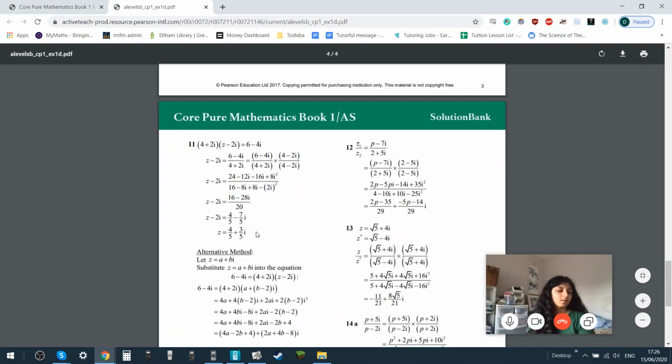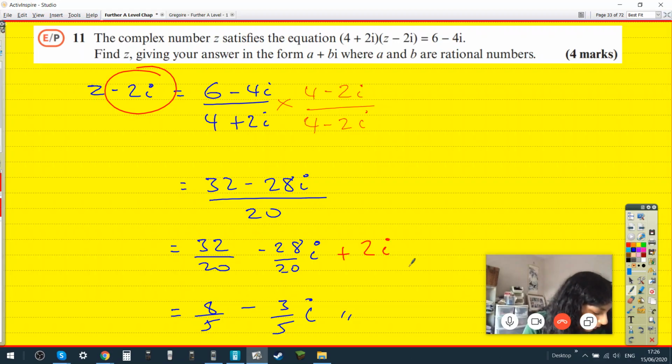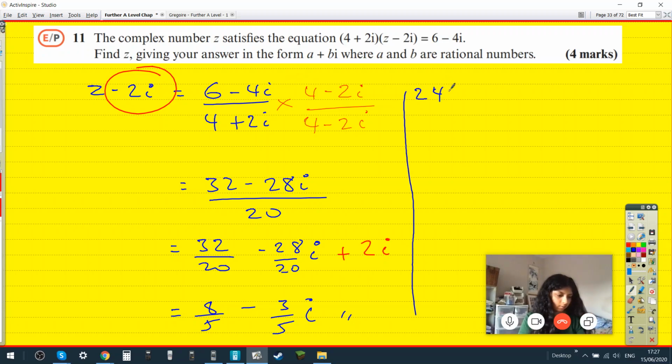Oh, what's this thing doing? Where did we go wrong? You get minus 8i squared. But then that just comes 8. I don't know what went wrong. Yeah, so I got... Why is it minus 8?